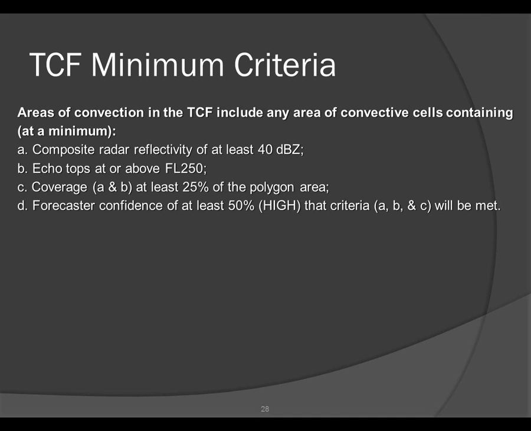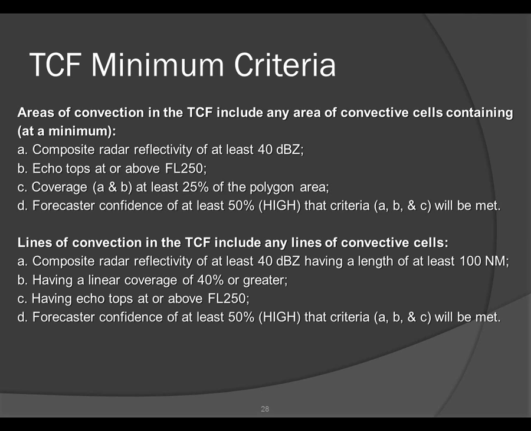Finally, you do have to have high confidence that these criteria, A, B, and C, will be met. For lines of convection in the TCF, it's the same criteria for reflectivity and also echo tops, but the line must have at least a coverage of 40% or greater.